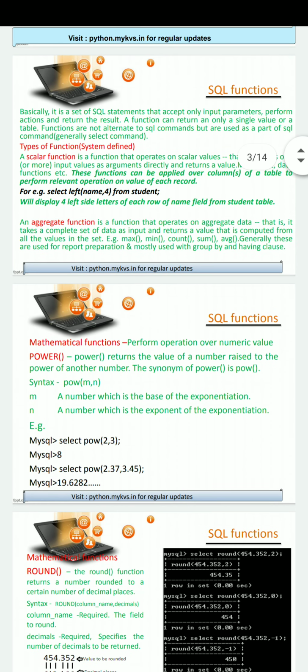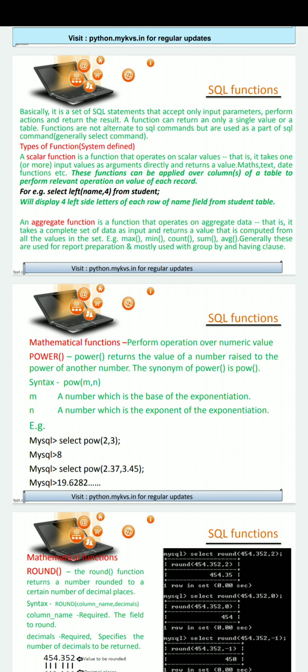Now in the previous class we learned how to use the POW or power function. Both are the same. These functions return the power of the value. If we pass an integer value, it will return an integer only, and if we pass any one argument as a real value, it will return a real value based result. In this, there are two examples. Select POW 2, 3, it means 2 to the power 3, it returns 8.